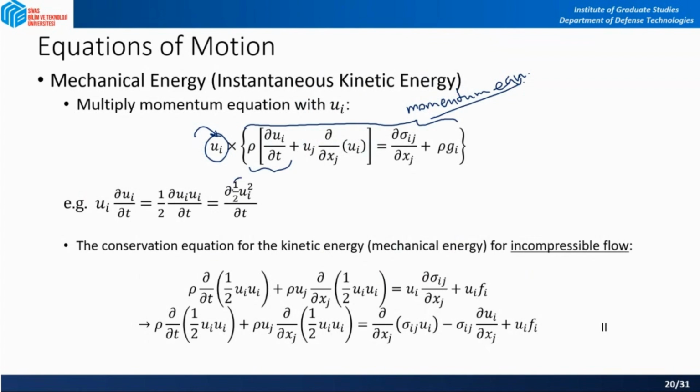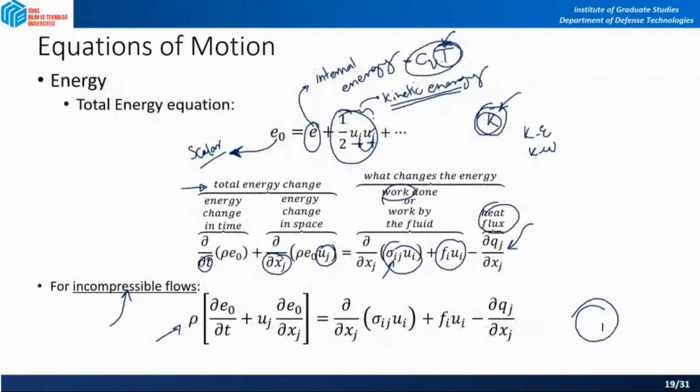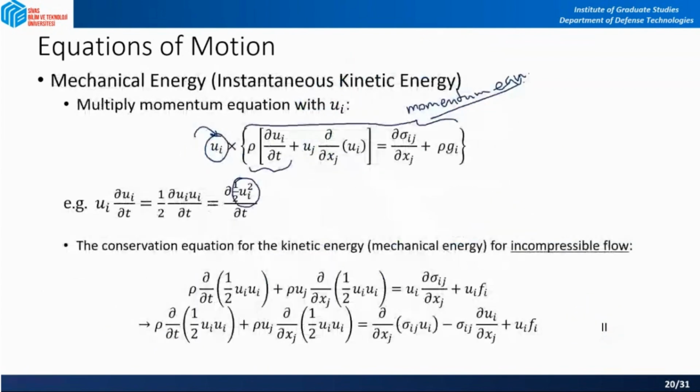So I just constructed this thing that I have in here, half of ui squared, in the momentum equation times ui. So I just constructed the first one. You will just follow and multiply ui by the second term and this term as well.